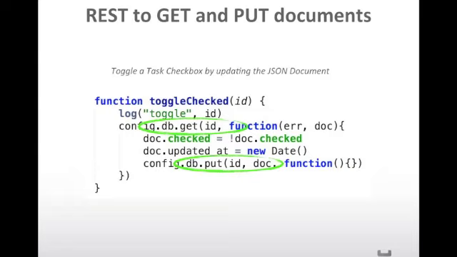We're just throwing the ID of this document that we want to toggle the checkbox on at the REST GET method, and then we're doing some native data manipulations in JavaScript, updating that timestamp, and then doing a REST put back at the same ID. So it's really just XHR, jQuery style calls under the hood.